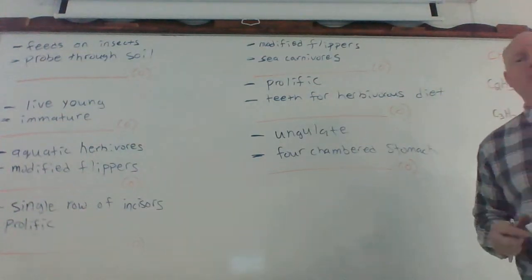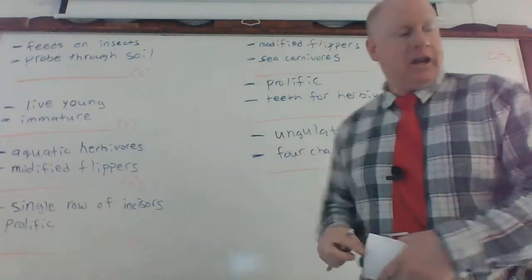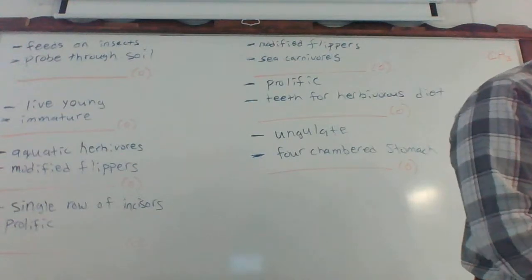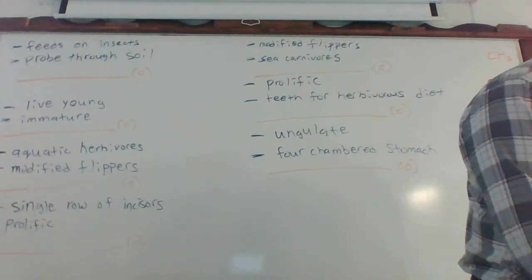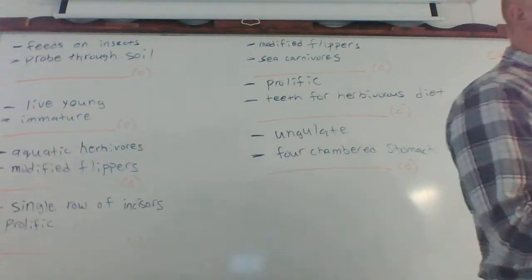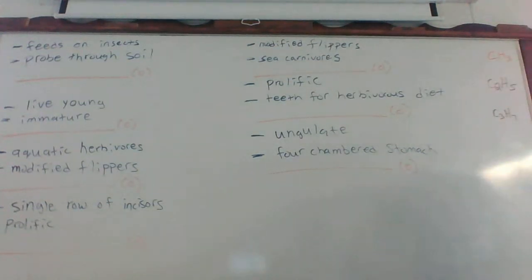So even though a rhinoceros and a hippopotamus might look a lot like that of a proboscidean, are they in the same order? The answer to that would be no. Otherwise, we would say that they would be included on here, but they're not. Okay, so a rhinoceros and hippopotamus have 3 toes on each foot.